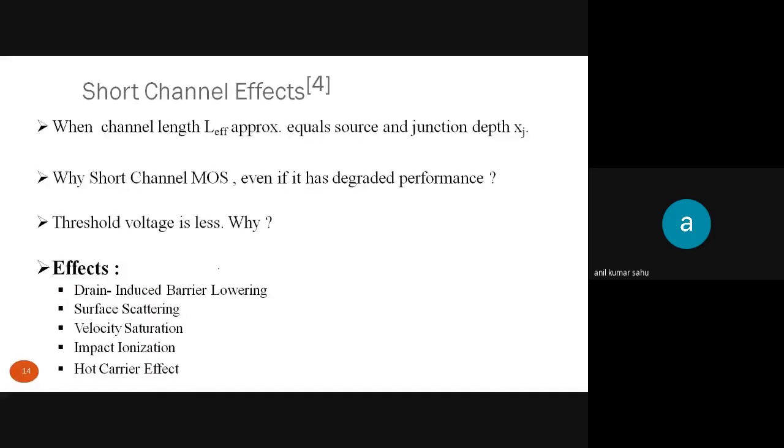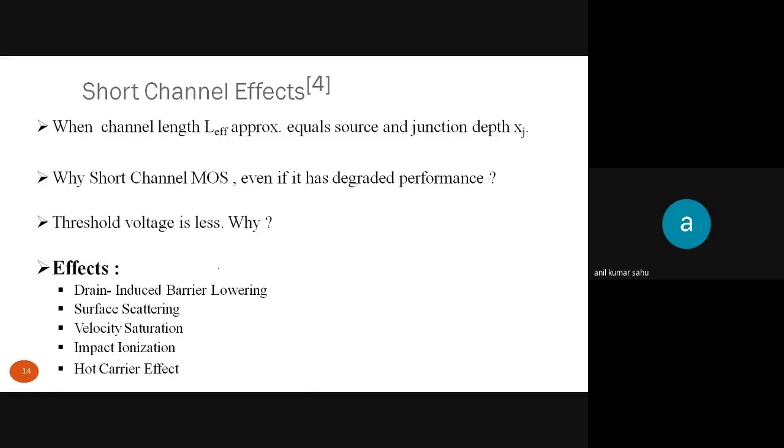Now, because of the scaling, there are two effects: short channel effects and narrow width effects. What do we mean by short channel effects, right?